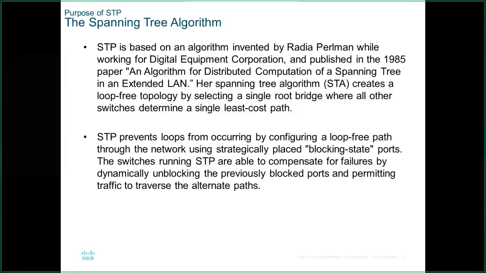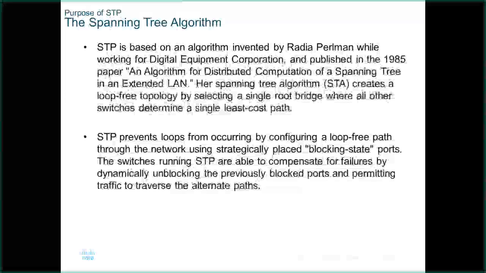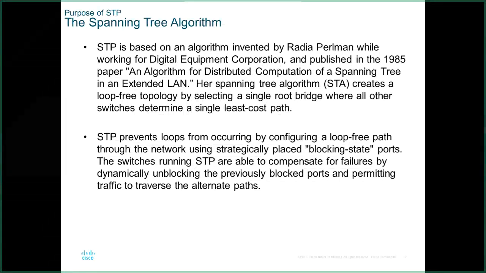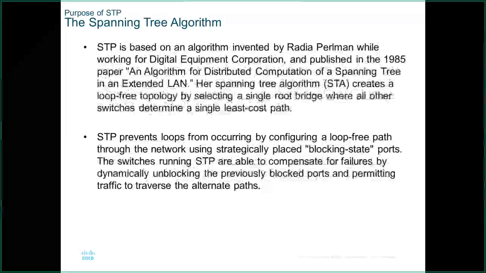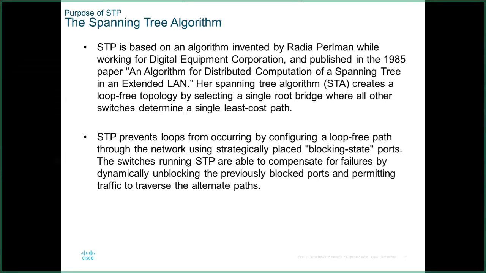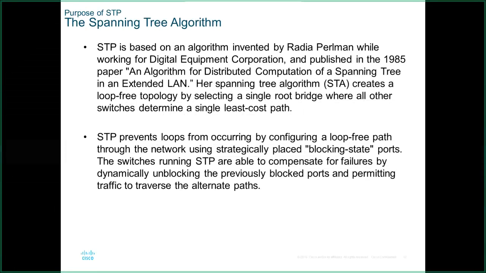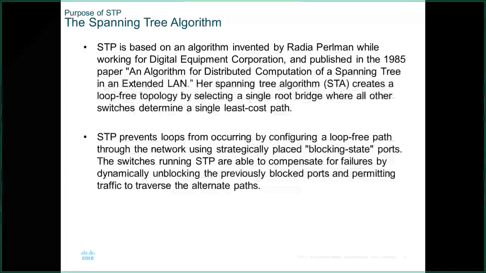And if something goes wrong, all I've got to do is unblock that port, and I've got that alternative path back, and I can continue to send traffic. So it's a way of creating a redundant network that is safe and secure at layer 2.